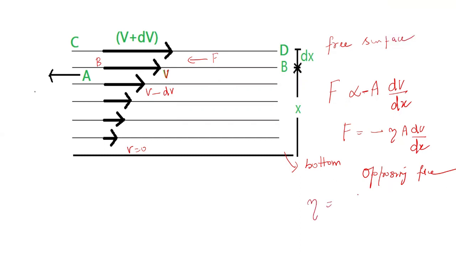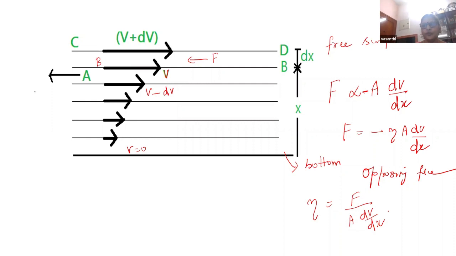You can define the coefficient of viscosity in terms of tangential force. You should understand that it's a tangential force, just like frictional force is a tangential force. It opposes relative motion. Suppose you have a road and a car is moving. The frictional force always acts tangential to the surface; it's a contact force.